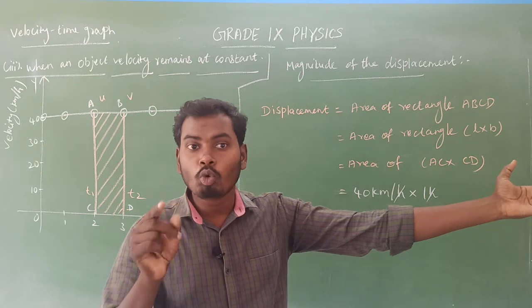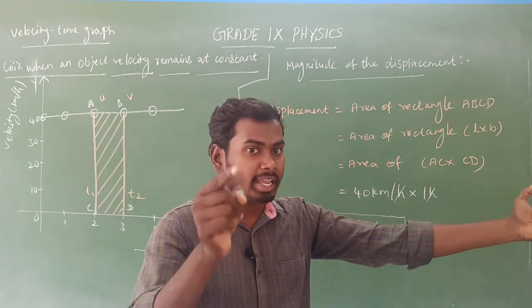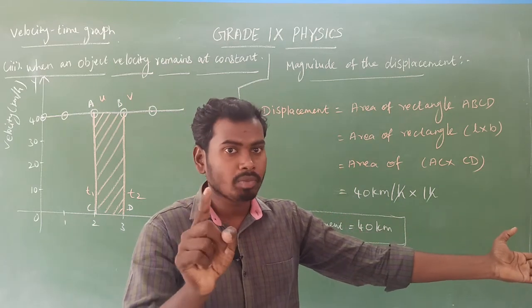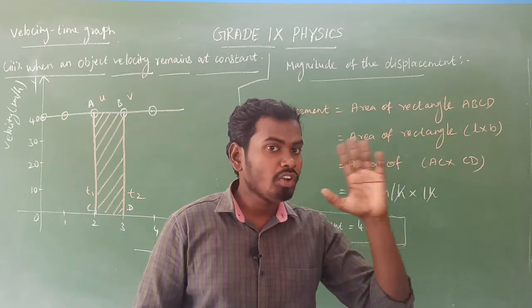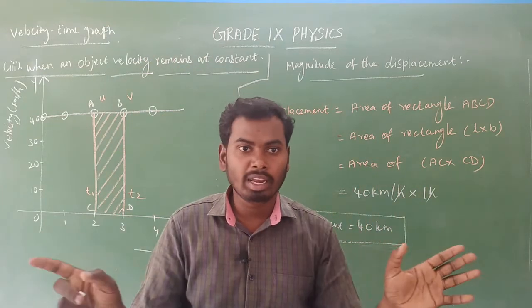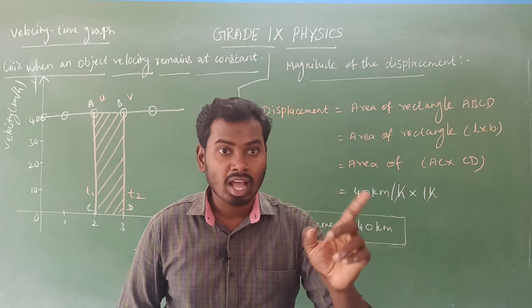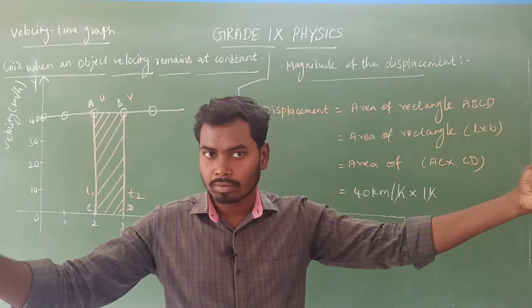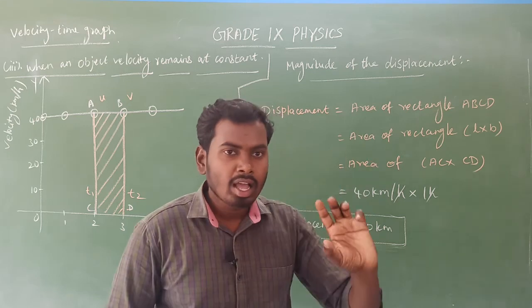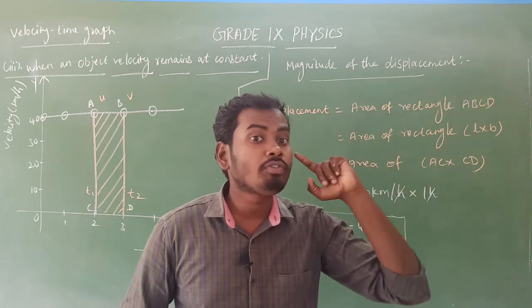When the object moves with constant speed or constant velocity, not a uniform velocity or uniform speed. Okay, see, uniform velocity differs from constant velocity. Both are not the same. Don't get confused. That is uniform, this is constant. In uniform velocity, which means uniform acceleration, the velocity of the object increases uniformly.